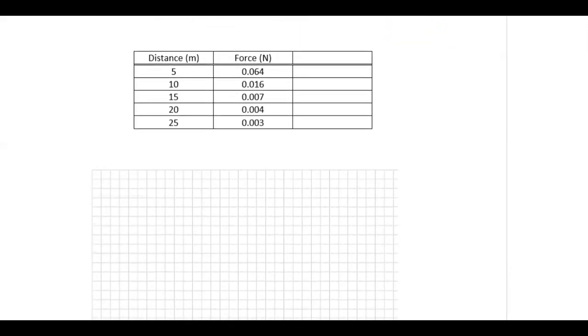So we're going to do this one last time. This time 1 over d squared is going to go in here. So 1 divided by 5 squared would be 1 over 25, or 0.04.